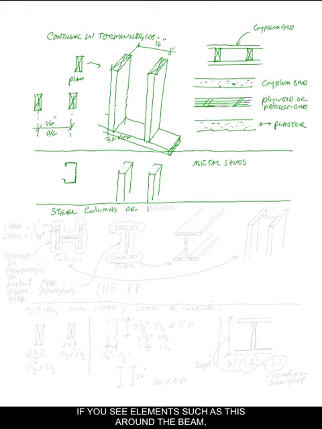If you see elements such as this around the beam, that means that this is the fireproofing. And the same happens if it is shown around it.